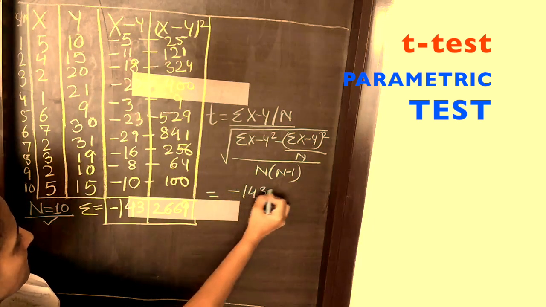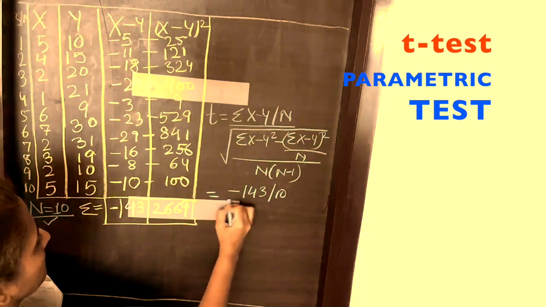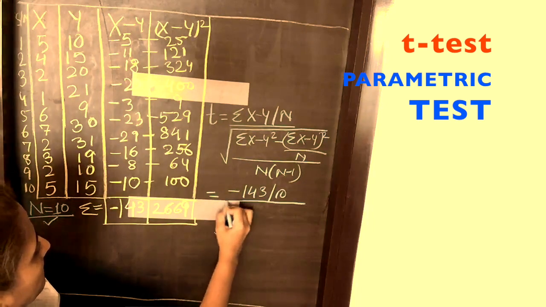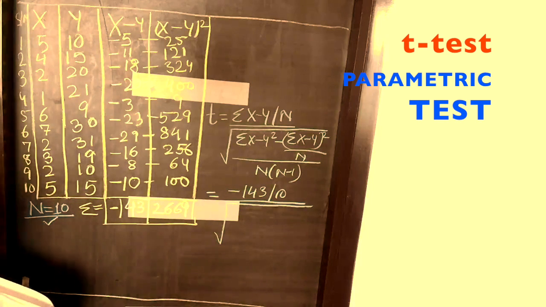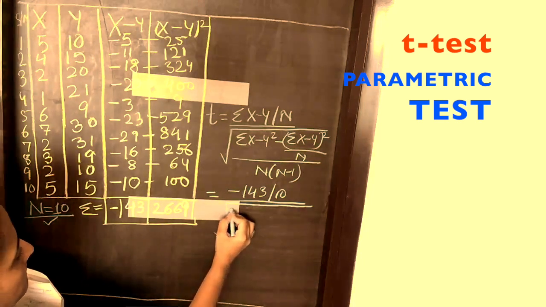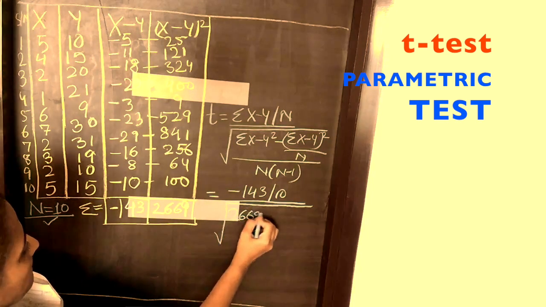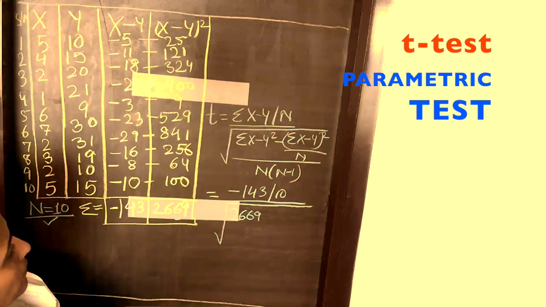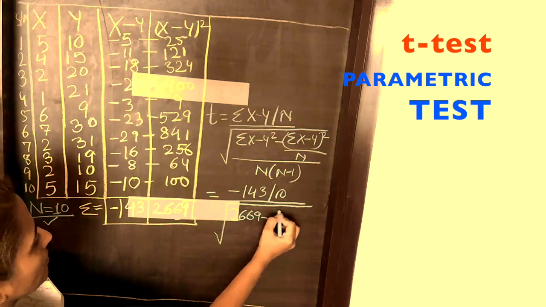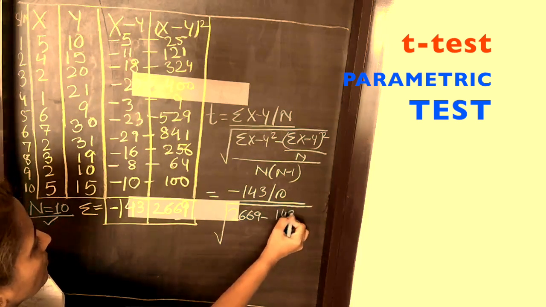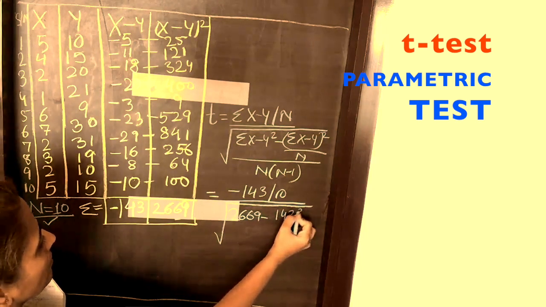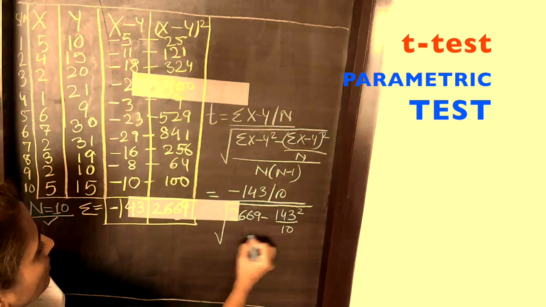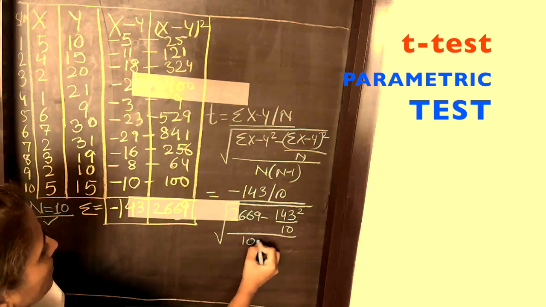This is very simple. So we are just putting the values that we got in this formula, like the sum of x minus y is 143, that is divided by n, that is 10. So now we are doing the square root of the calculation. So the sum of x minus y square is 2669.